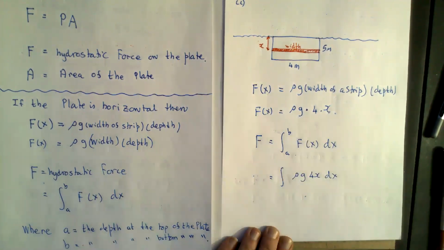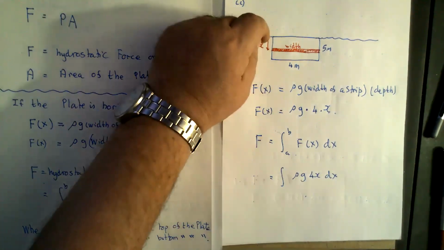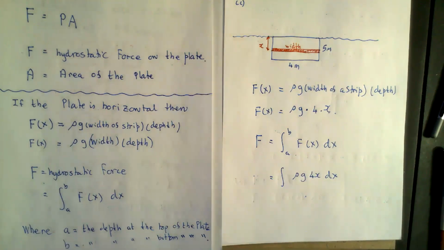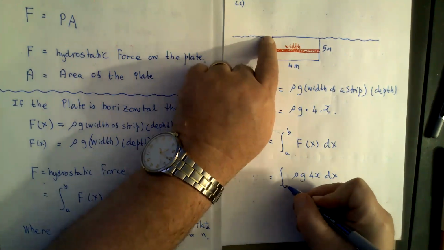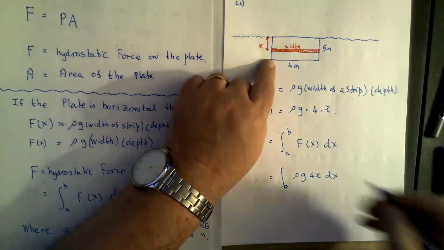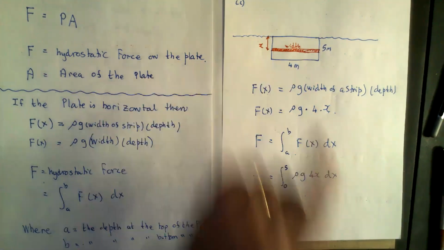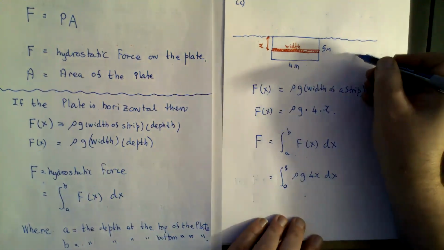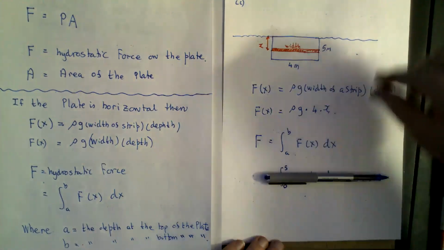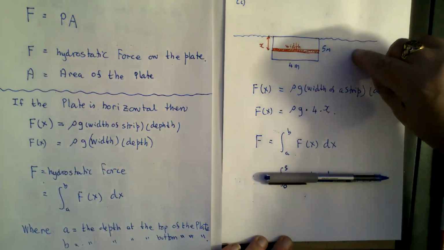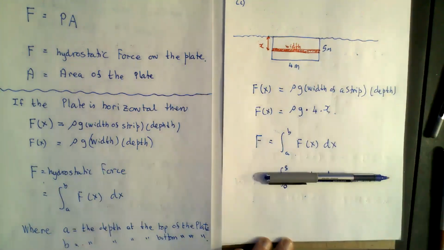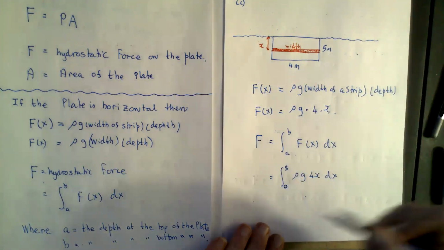Now, a and b represent the values that x will take. In other words, the depth at which this rectangular plate goes. Right at the top, it's on the surface, so its depth is 0. And here, it's 5. If you imagine a different story where the rectangle is below the surface, then a and b might be, I don't know, 3 to 8. You would adjust the depth accordingly.